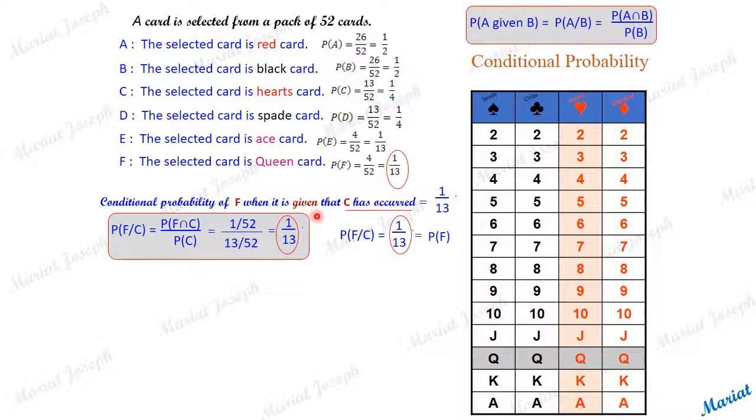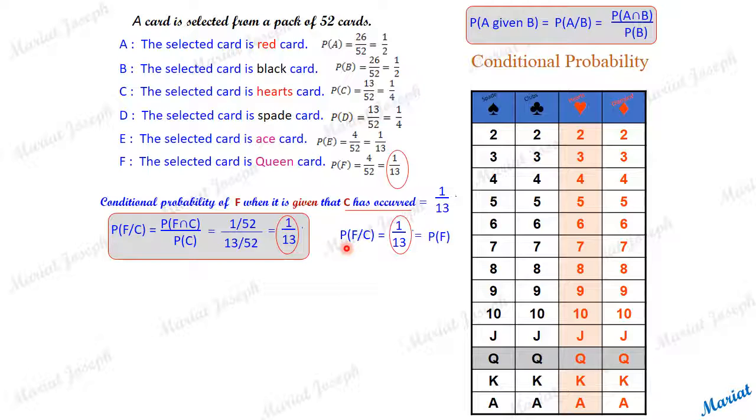In case two events behave like this, that is, the conditional probability of an event happens to be equal to the simple probability of that event, then those two events are called independent events. That means the happening of one of them does not influence the probability of the other one.